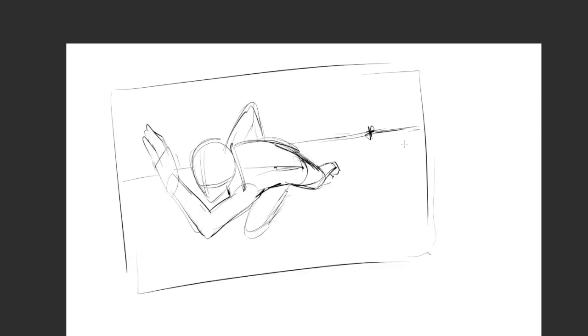A general idea that I follow is to use speed lines that point to either the starting position or the destination of an impact. For example, since he's starting here, the speed lines would also be pointing here, right? Kind of like this.